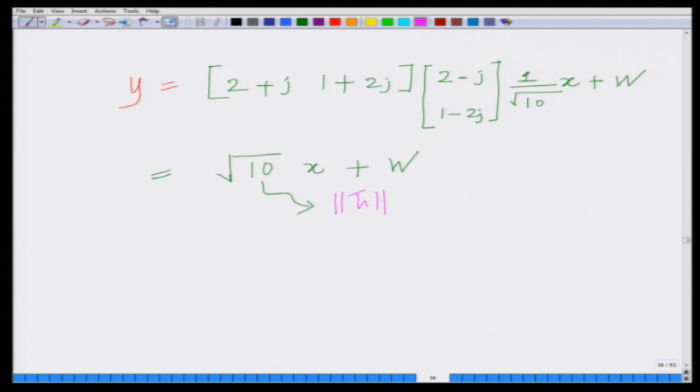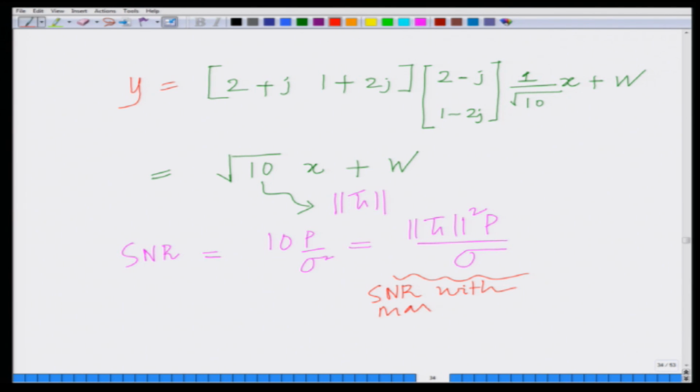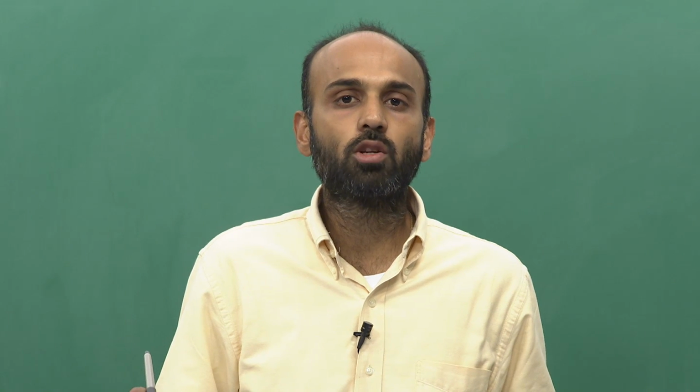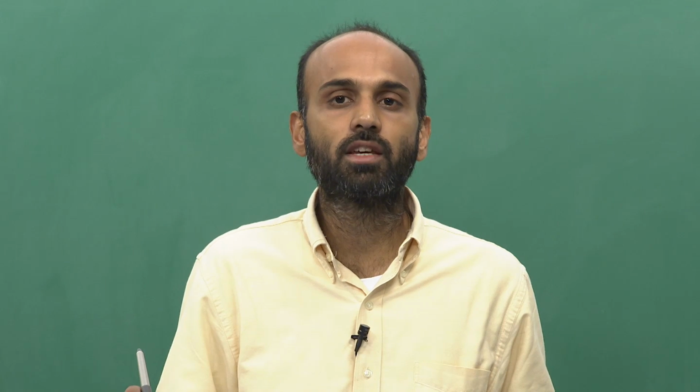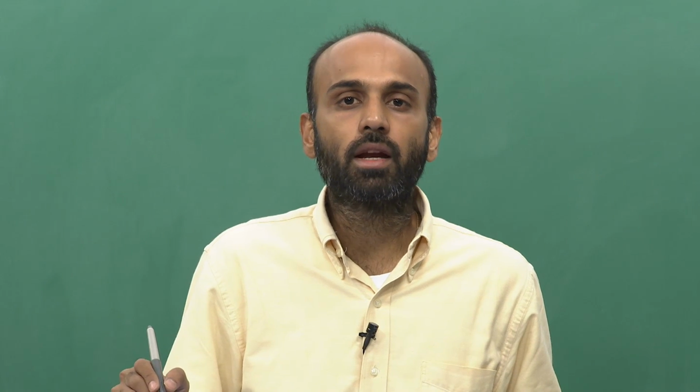Square root of 10 is basically nothing but norm H bar. So, the SNR equals 10 times P divided by sigma square, which is the same thing as norm H bar square P divided by sigma square, and this is the same as the SNR with maximum ratio combining.